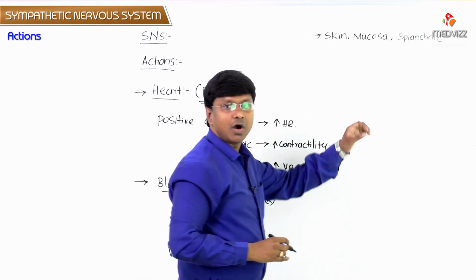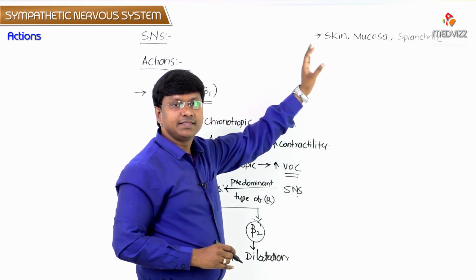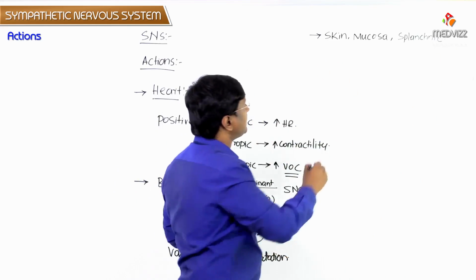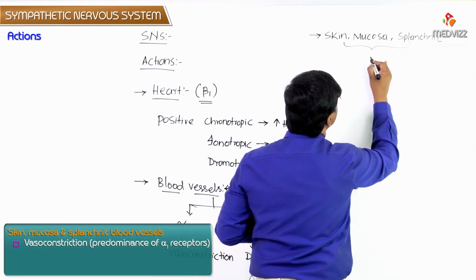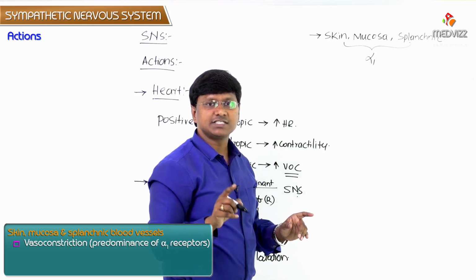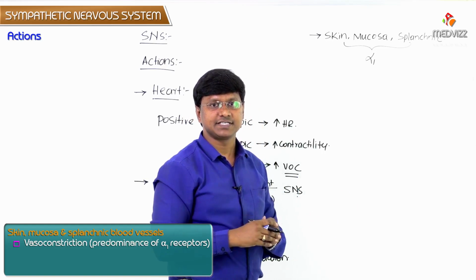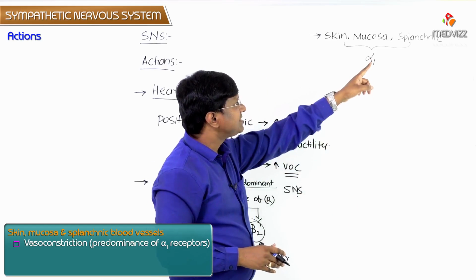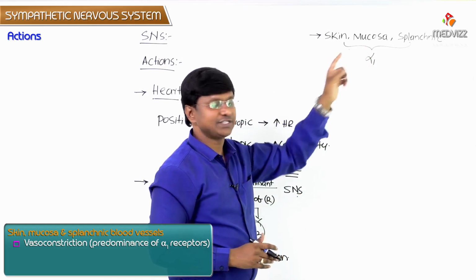In these blood vessels, the predominant sympathetic receptors are alpha 1 receptors. Because the predominant receptors are alpha 1, the blood vessels undergo vasoconstriction.